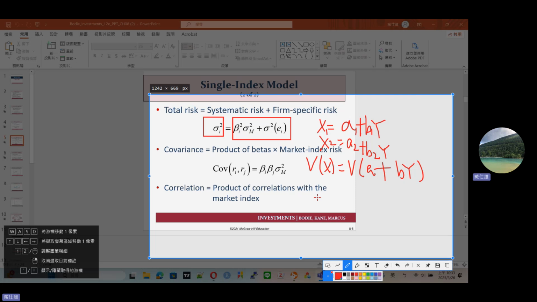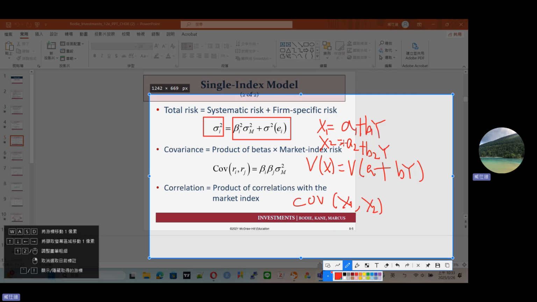Now we want to calculate the covariance of x1 and x2. So you need to derive these results.